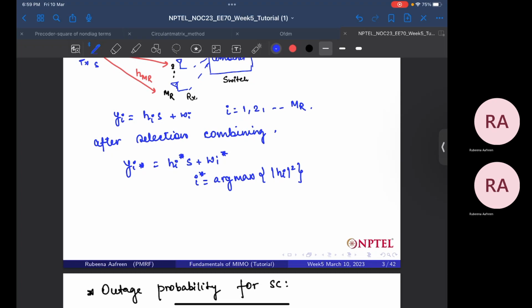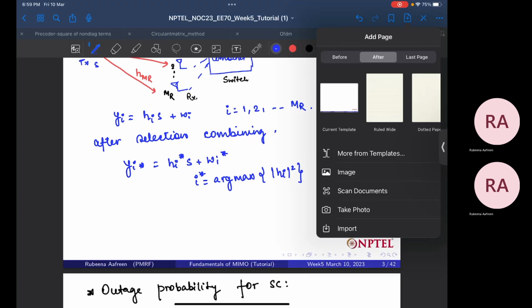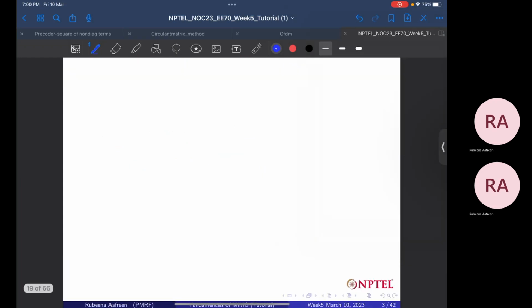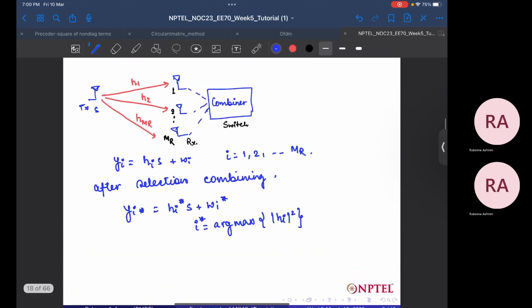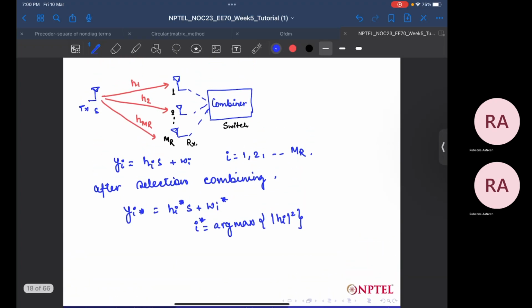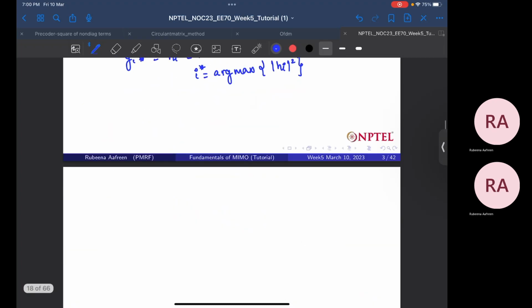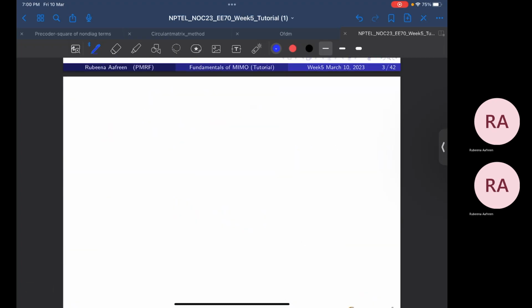So this is the received signal equation for each branch. So what will be the SNR at each branch?